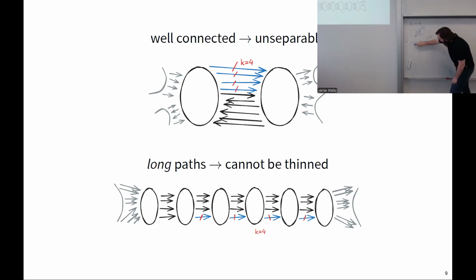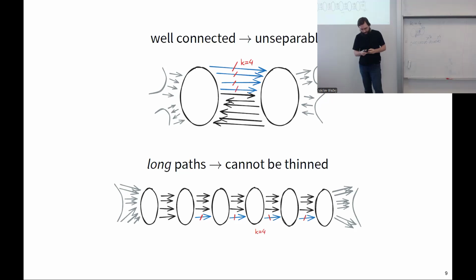Because if you wanted to cut one edge from each of these paths, it's simply more than k, so you don't have the budget to cut one from each. So this will provide us with a binary choice to cut or not to cut. And this will be very useful in other gadgets as well.